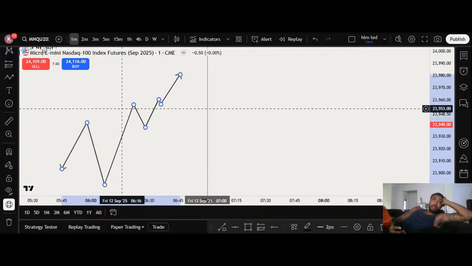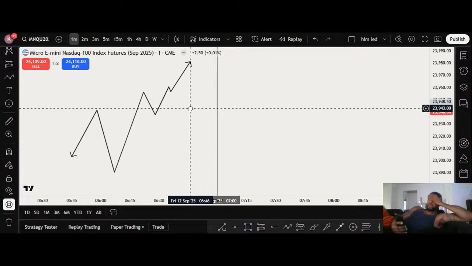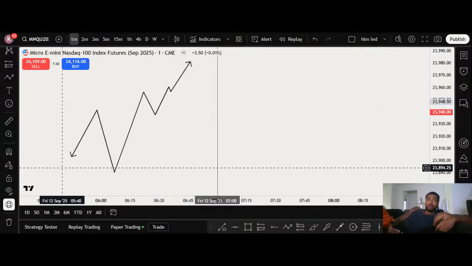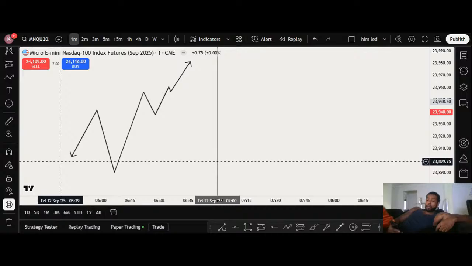All right, so a breaker block is when you have a formation in the market that looks like this. It's always gonna be this. It's never not gonna be this.